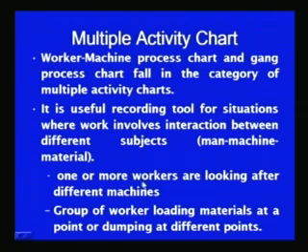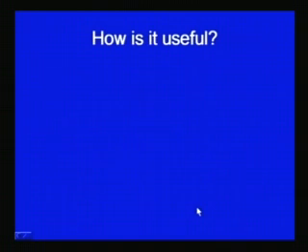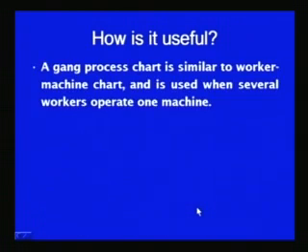One or more workers looking after different machines, or a group of workers loading the material at a point and dumping the material at different points, are typical situations where the multiple activity chart can be effectively used.